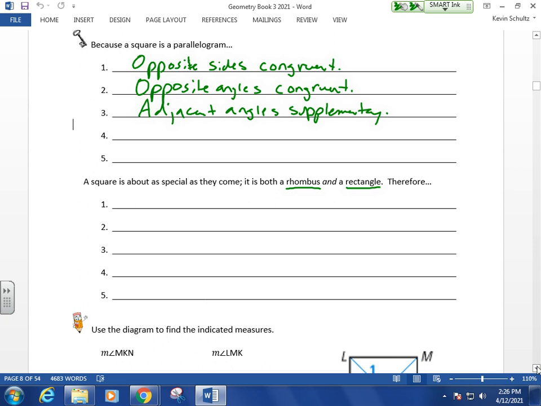Noah. Opposite sides are parallel. And what else? Christopher. Diagonals bisect each other.